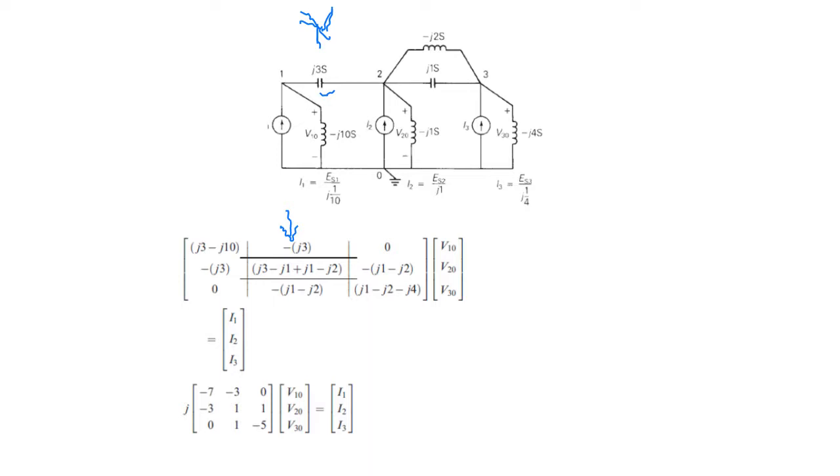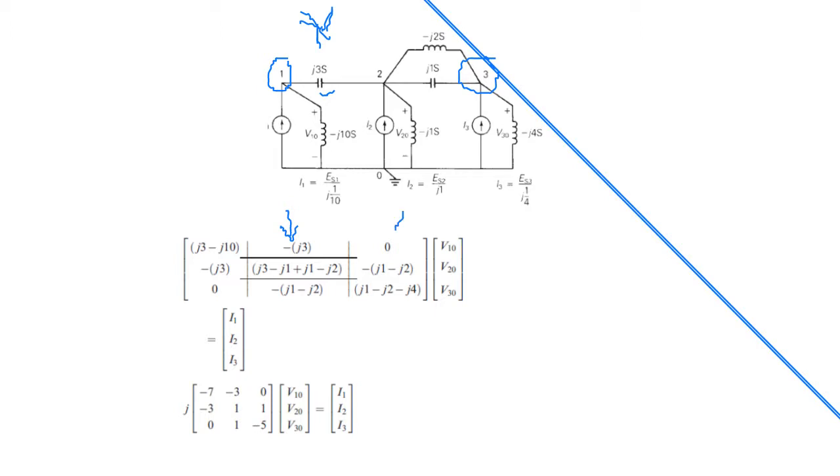That's why all the off diagonal elements will be negative. 1 and 3 are not connected, therefore we put 0. Remember now, this is 1, this is 2, and this is 3.